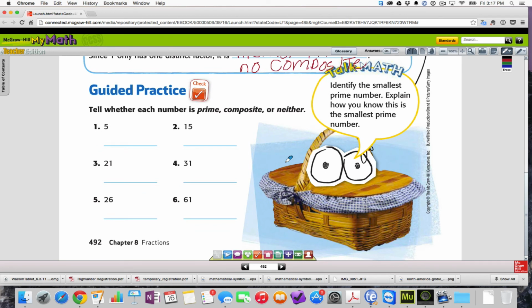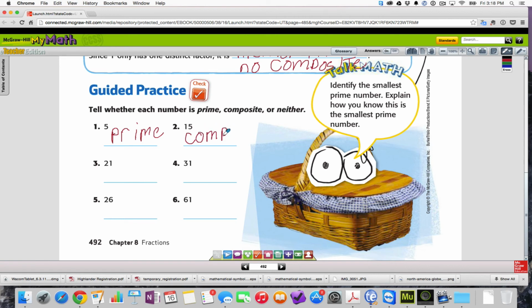Okay, on these next questions, we're just going to see if they are prime or composite. I know that 5 is only divisible by 1 and 5. No other numbers go into it. So it would be prime. 15 is not only divisible by 1 and 15, but 3 times 5 also equals 15, so it has more than 2 factors.